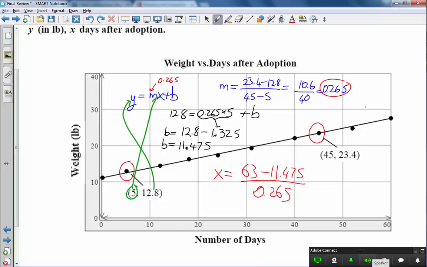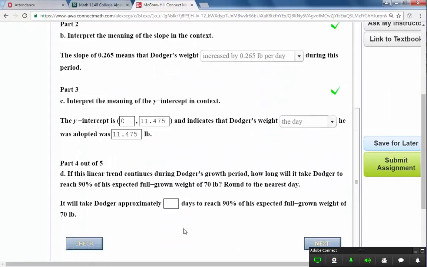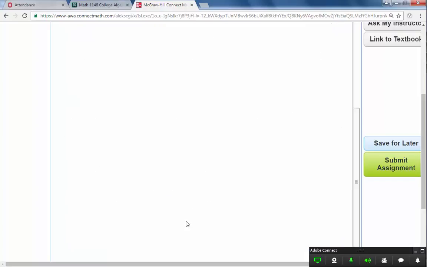I got 194.43. They want the nearest day, right? So the nearest day is 194 days to grow.